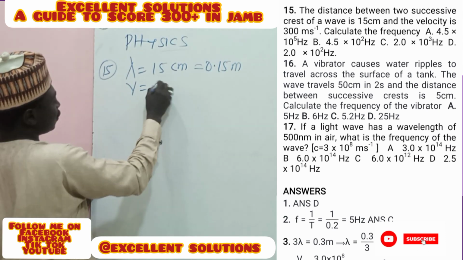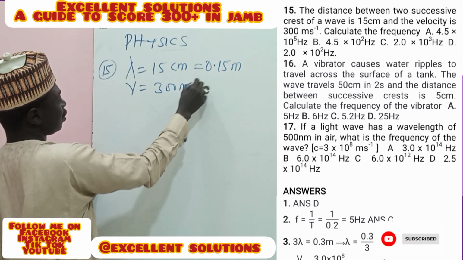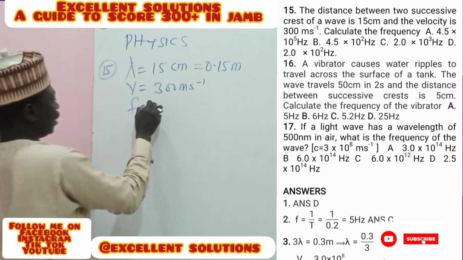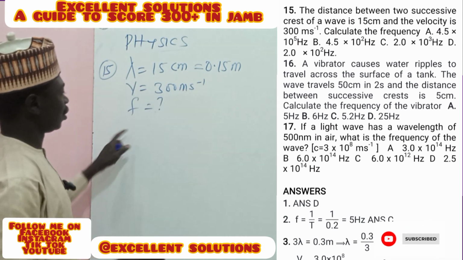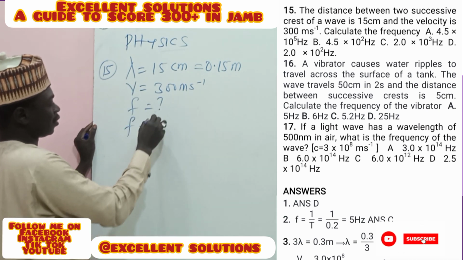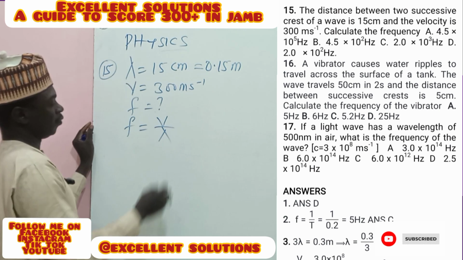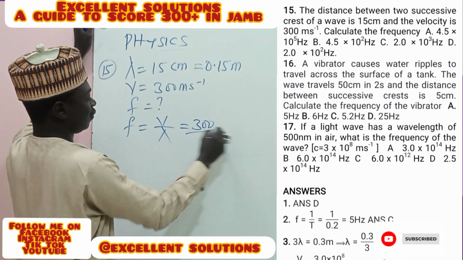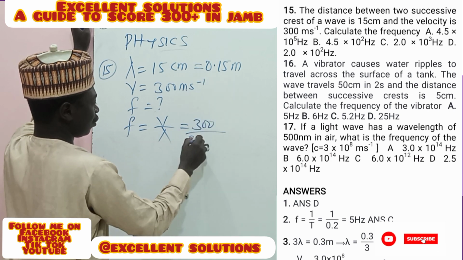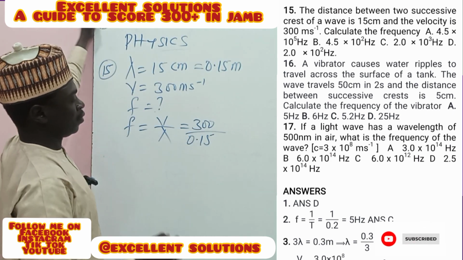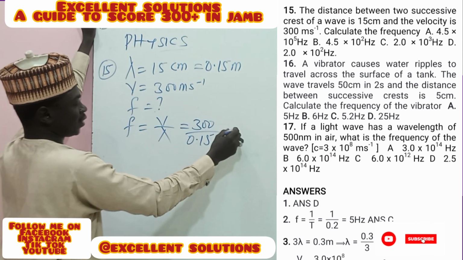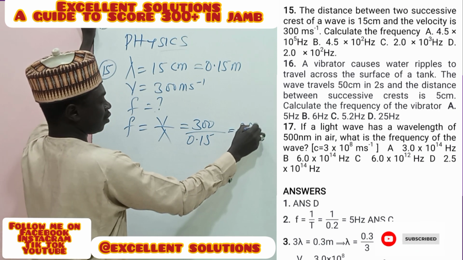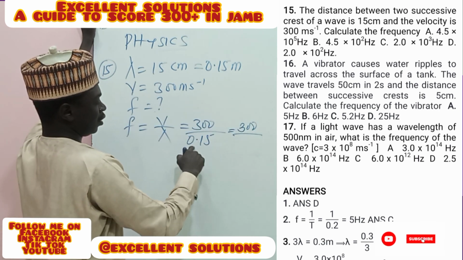So V equals 300 meters per second. We have to calculate frequency. So remember we have F equals V upon lambda, which is the same as V, 300 divided by our lambda, 0.15.